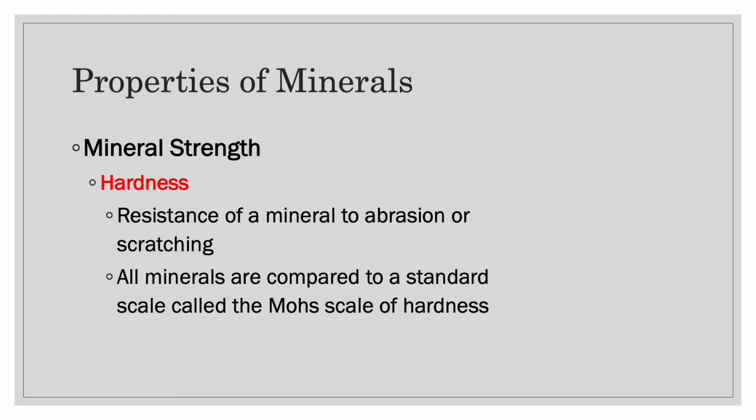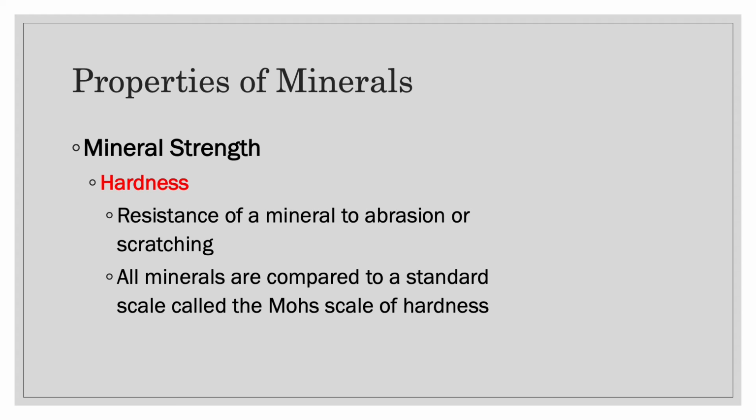Another property of minerals that we use to ID them is mineral strength. And one type of strength is hardness. And this is just the resistance of a mineral to abrasion or scratching.